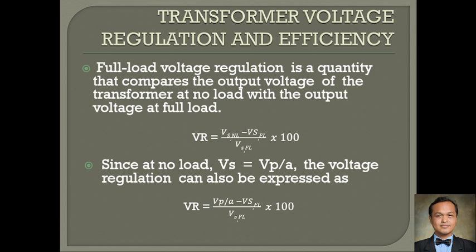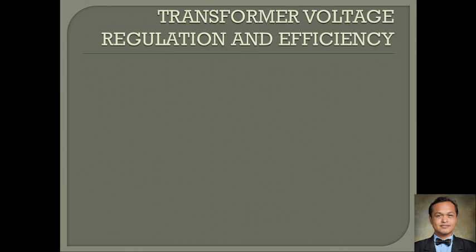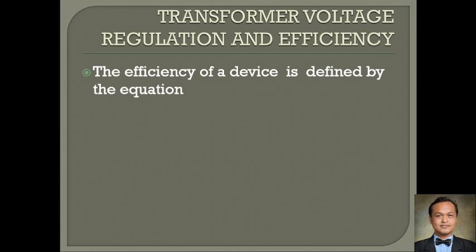Now, what is the efficiency of the transformer? Or how can we get the efficiency of the transformer? The efficiency of any device is defined by the equation P out over P in. Since it's a decimal, we convert it into a percentage, that's why we multiply it by 100.